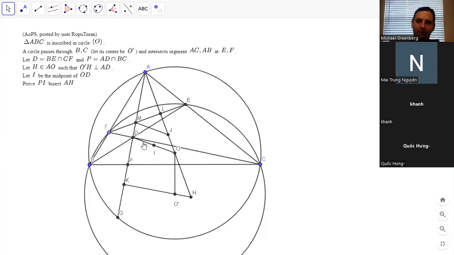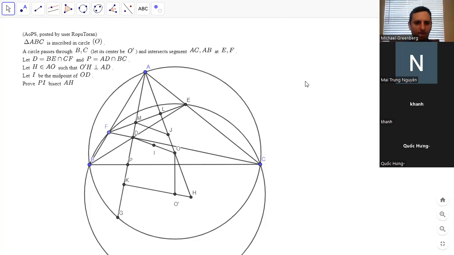Yeah, I like that you use the harmonic conjugation. So yeah, you use that. Yeah, PD over PA is MD over MA. It's a good idea. Can we use Brocard?